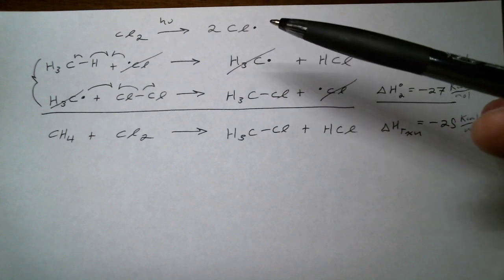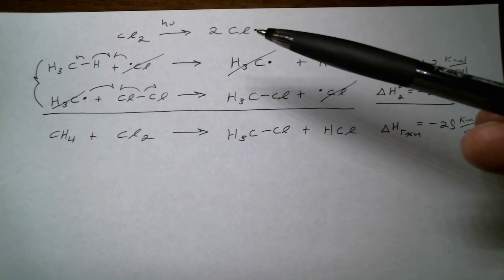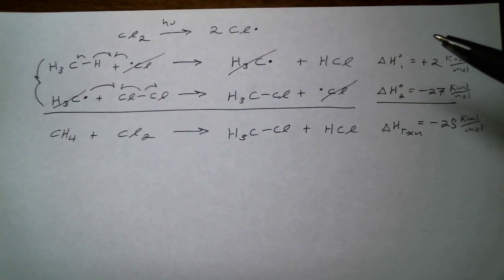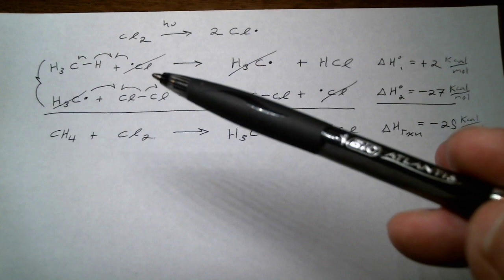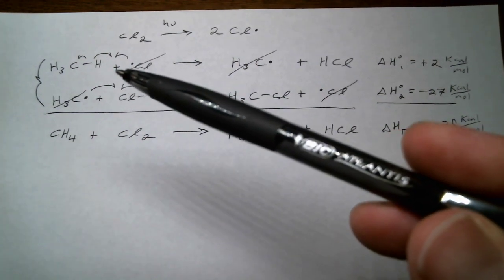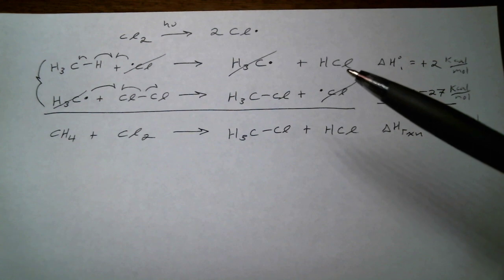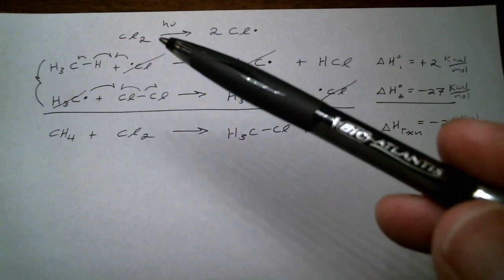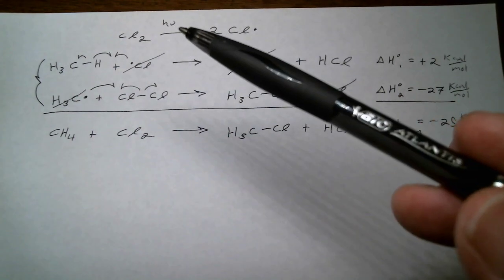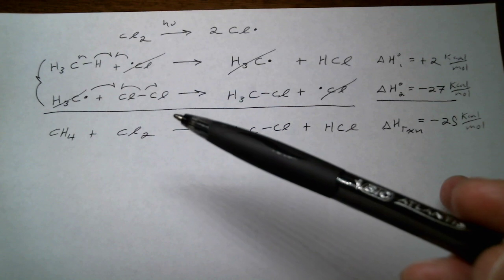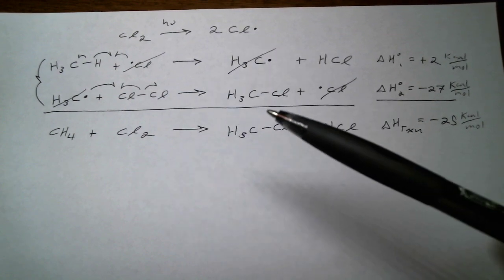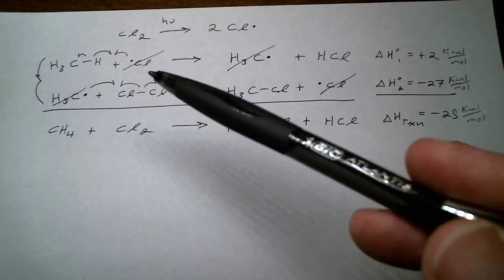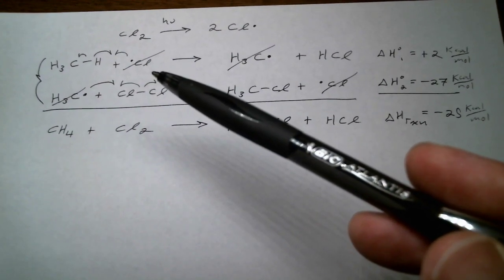We only need to create a few of these chlorine radical species, and so that few is insignificant in terms of energy, because once we create that chlorine radical, it's going to bump into methane, create a methyl radical and HCl, and then that methyl radical is going to bump into diatomic chlorine. Because we have mostly diatomic chlorine, the light only broke a few of the molecules into chlorine radicals, and that's how we're going to generate our chloromethane and regenerate a chlorine radical that goes back to propagation step 1.